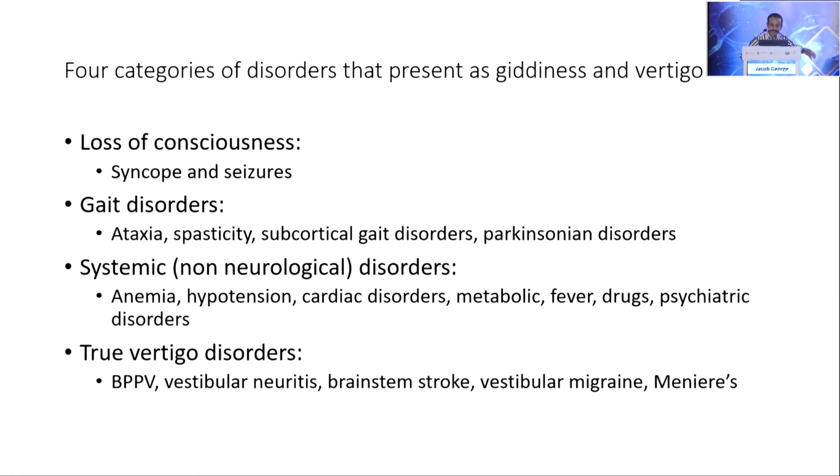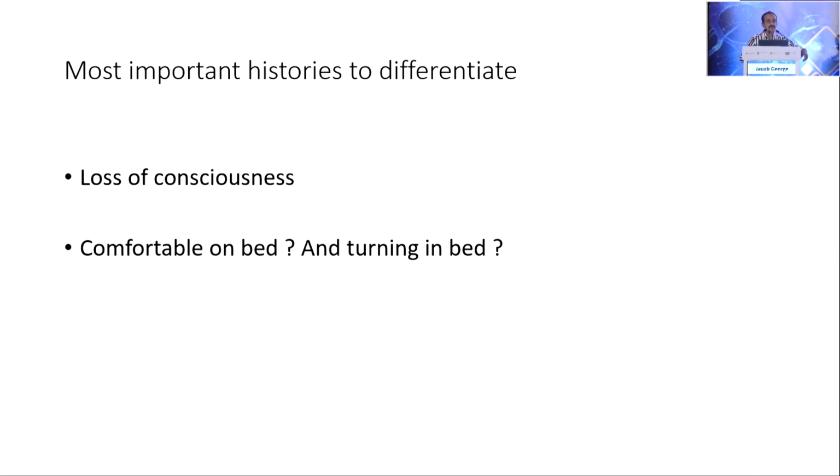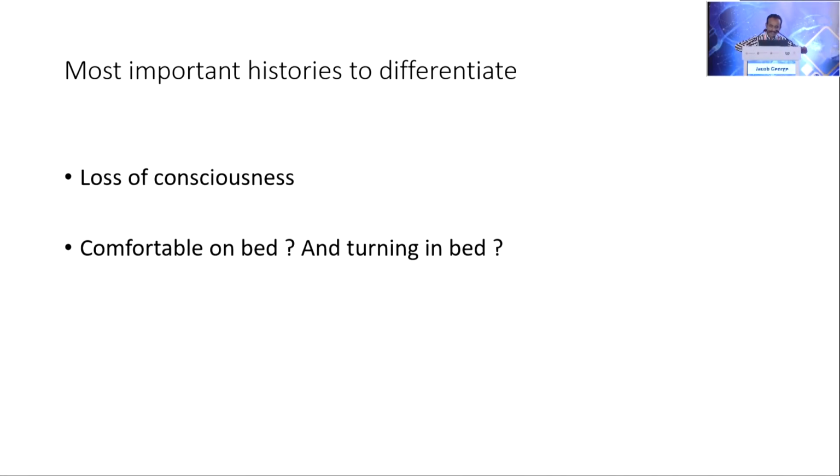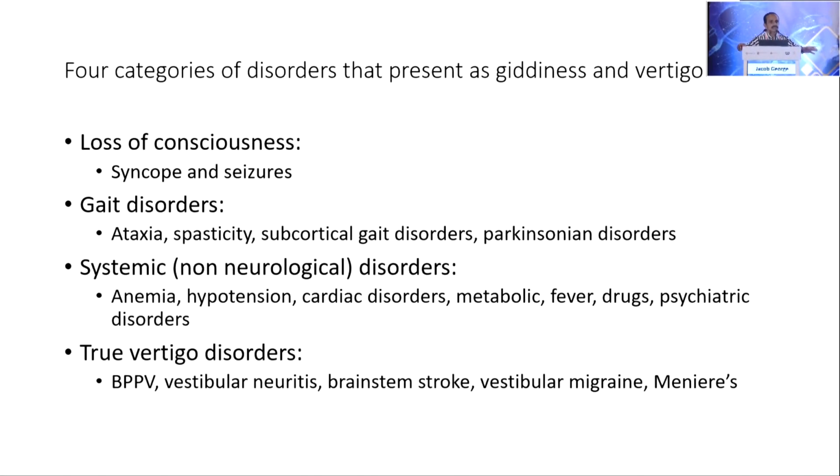Another very invaluable history, which is not at all asked by many neurologists, but I find it very useful in practice, is to ask the patient whether the vertigo increases when the patient turns to the sides on the bed. In all these other disorders, if you ask a patient with ataxia whether he is comfortable on the bed turning around, he will positively say he is comfortable.